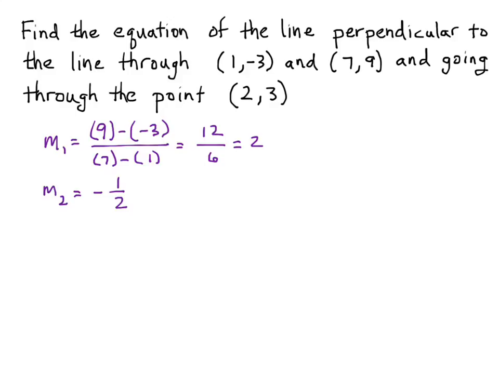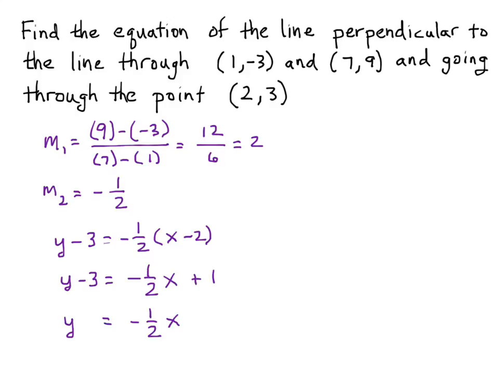So you make that a ratio, turn it upside down, put a negative sign in front of it, or if it has a negative sign, make it positive. And then we stick that into our point slope form. We want it to go through the point 2, 3, so we stick that in there, and now we expand the parentheses. And then we add 3 to both sides, and so we get our equation y equals -1/2 x plus 4.